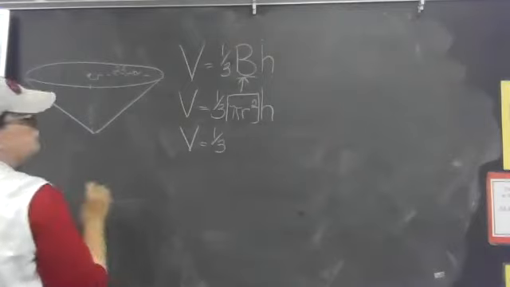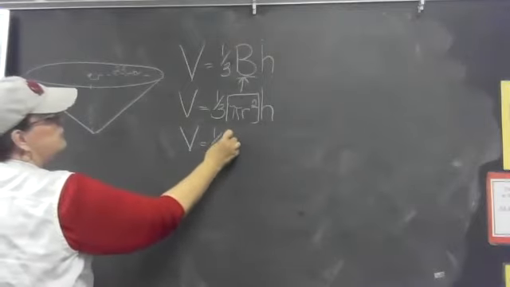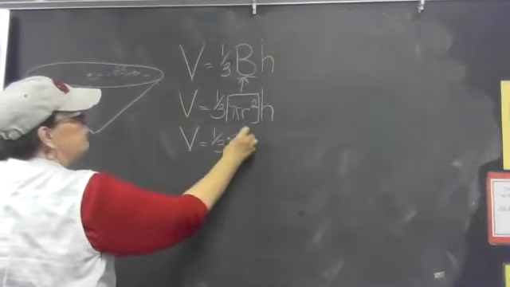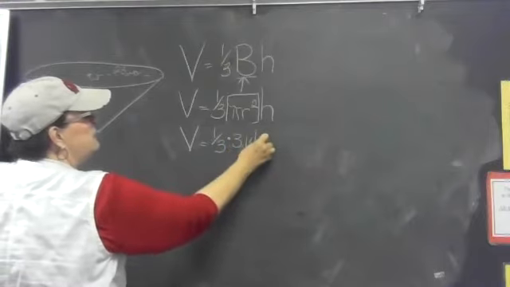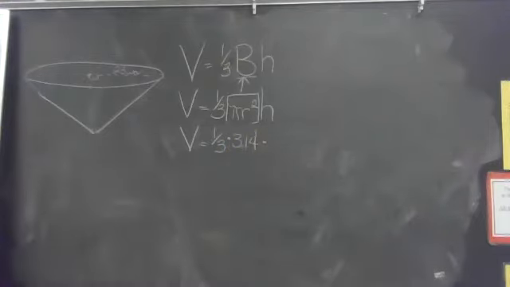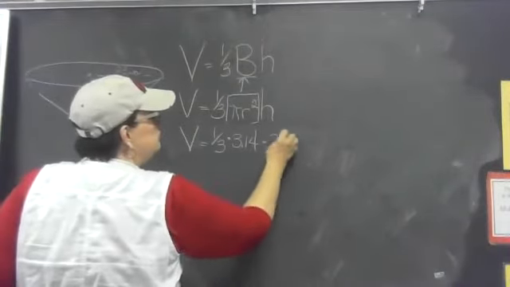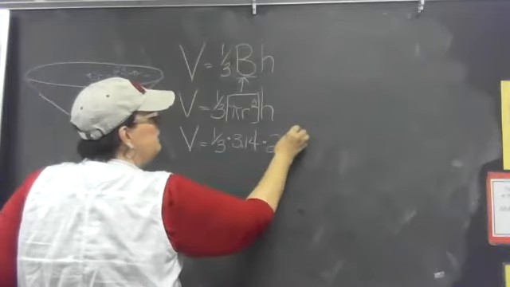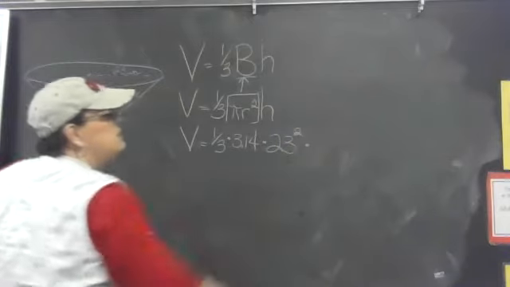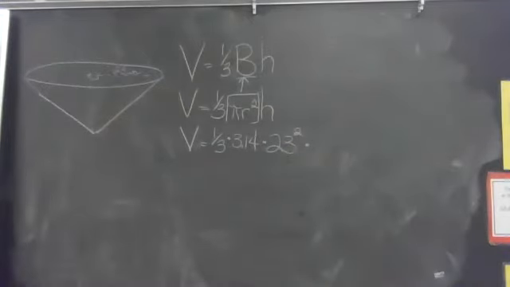On this it says to use 3.14, so we're doing times 3.14 times, what's the radius? The radius is 23, right? Because it's halfway across. So 23, and we have to square it, times the height. What did I tell you that the height has to be?